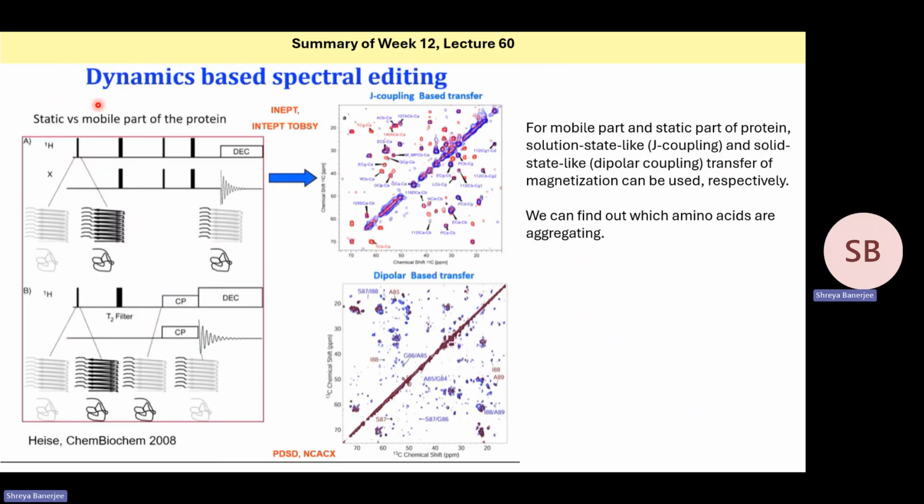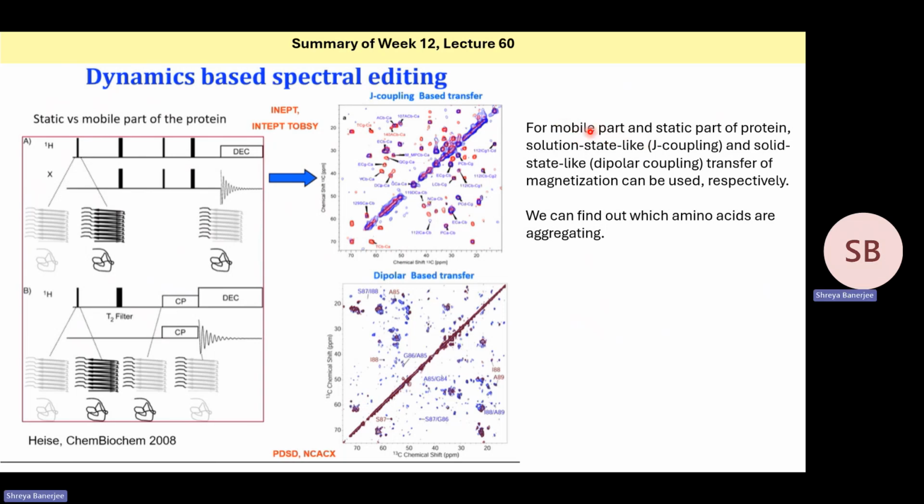Now, basically, we will talk about another NMR technique, which is dynamics-based spectral editing. So in this, what is done? You can have a protein where a portion of the protein is static and a portion of the protein is mobile.